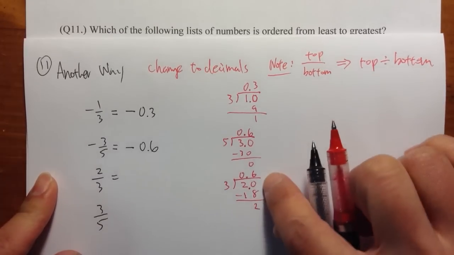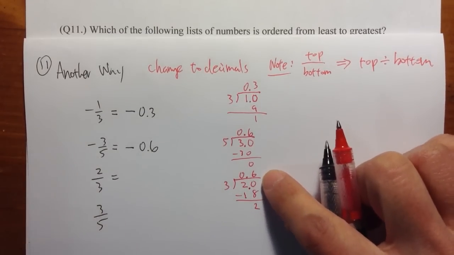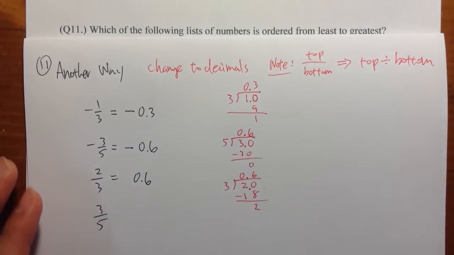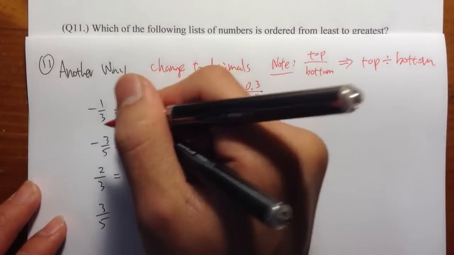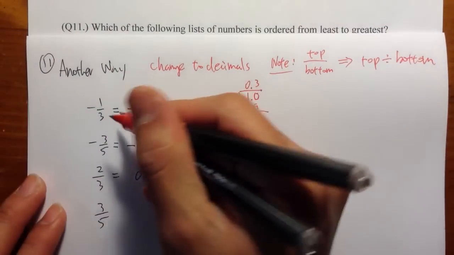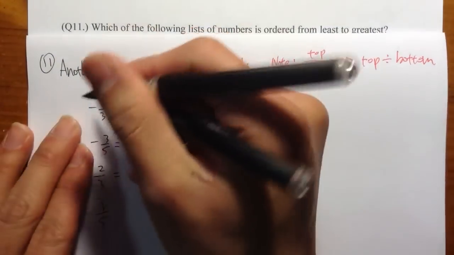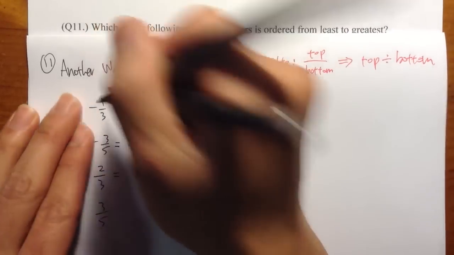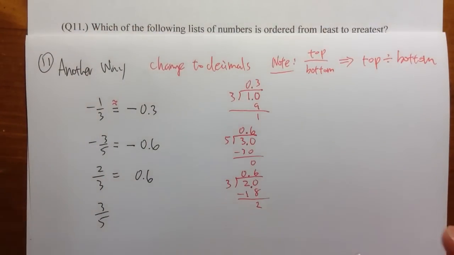Again, I just want to do the first decimal place, so I will get a positive 0.6. Technically, I should have written this as about equal to, with the wavy sign for approximately, but it doesn't really matter in this case.